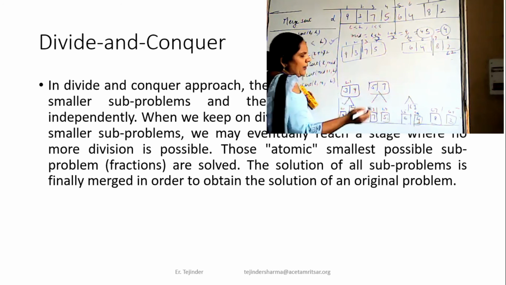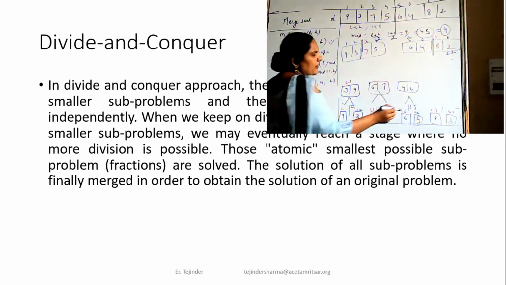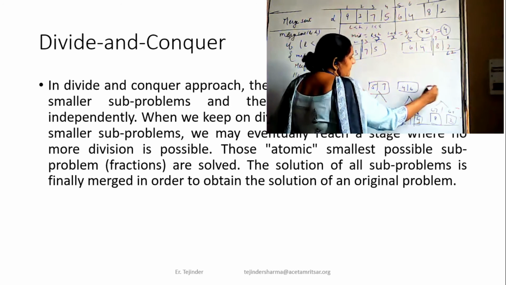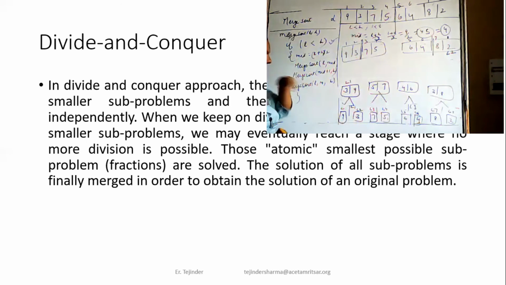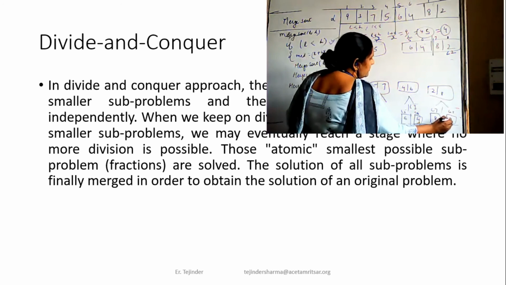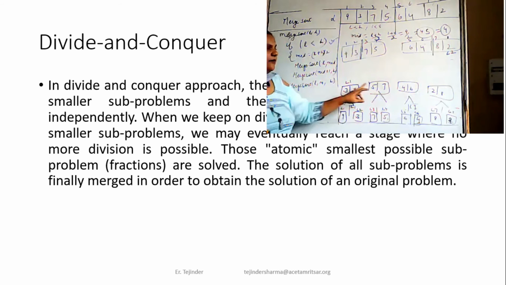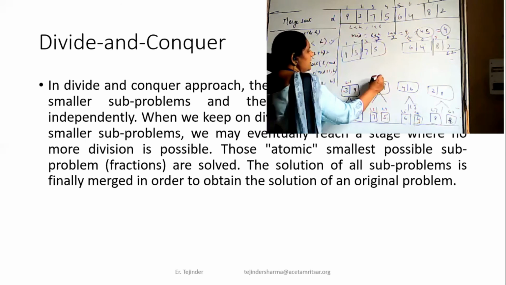Combine the next two, you will get 4 and 6. Then combine the last two, you will get 2 and 8. After sorting, you are going to combine. So you will get 3, 9, 5, 7, 4, 6, 2, 8. After combining, you will be getting 4 sublists.